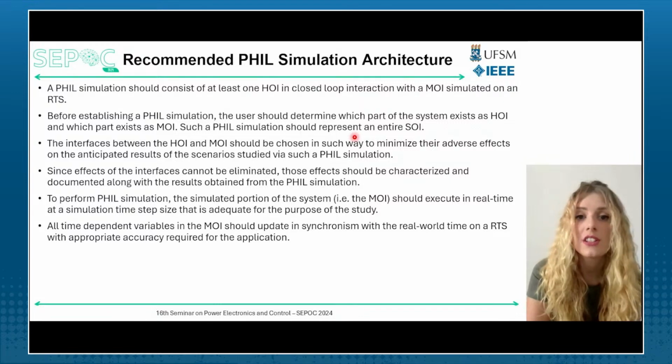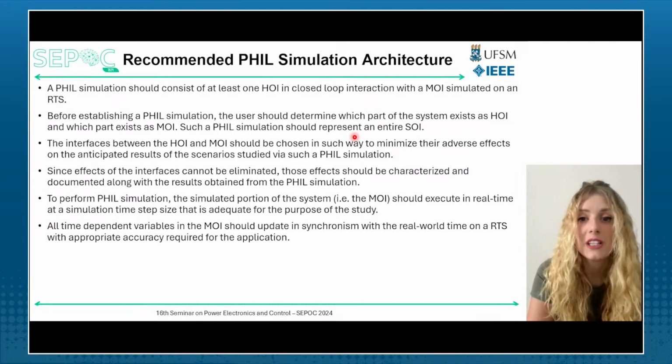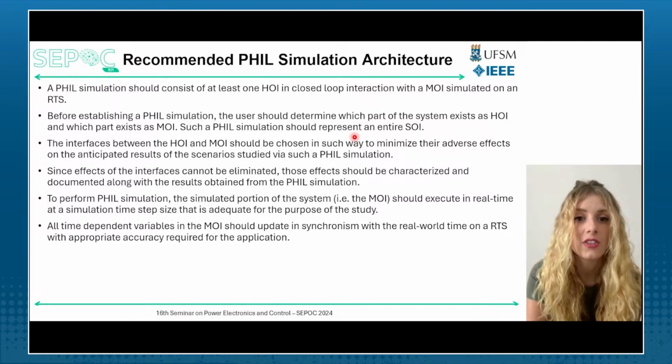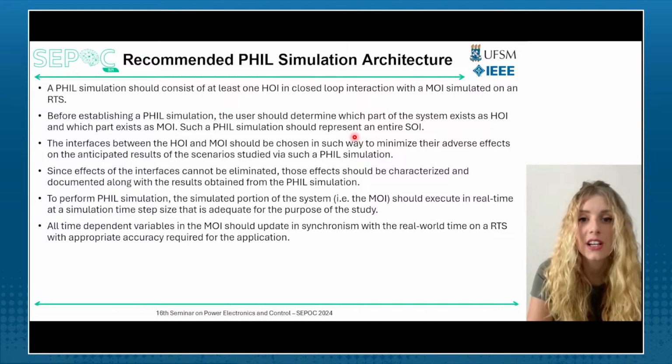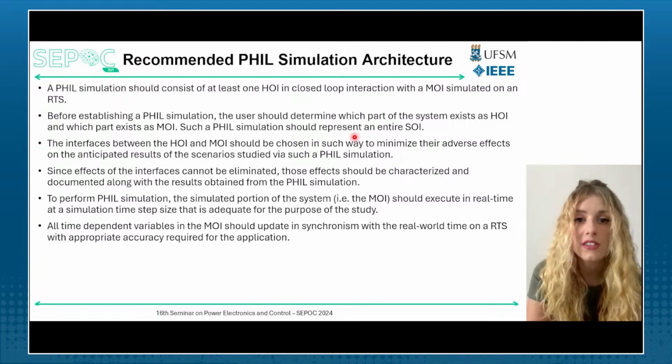The interfaces between hardware of interest and model of interest should be chosen in a way that minimizes their effects on the anticipated results of scenarios studied via such a simulation. Since effects of the interfaces cannot be eliminated, these effects should be characterized properly and documented along with the results obtained by the power hardware in the loop simulation.